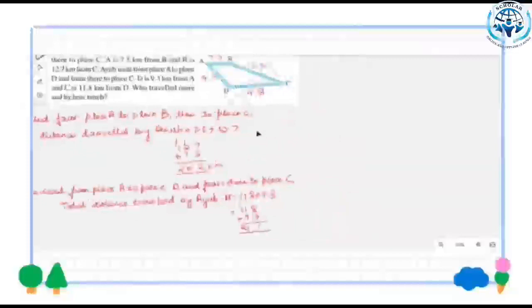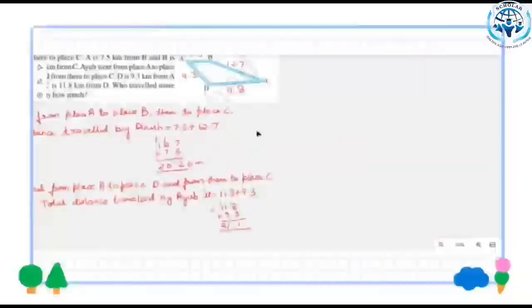So which distance is greater? Obviously, the distance traveled by Ayub is greater than the distance traveled by Dinesh. So the answer is Ayub traveled more than Dinesh. But by how much? So we will subtract 20.2 from 21.1 and get 0.9 kilometer.